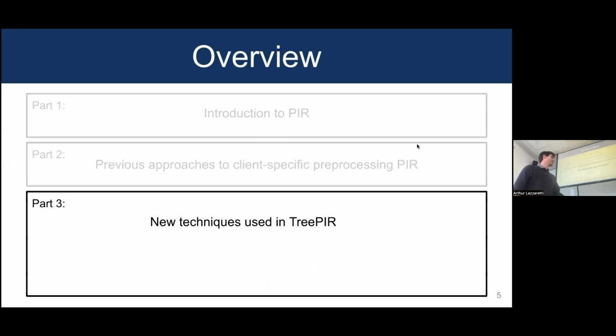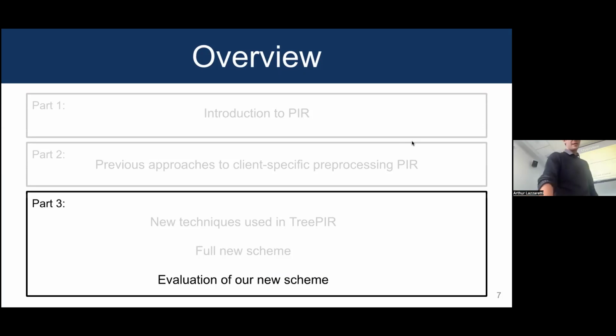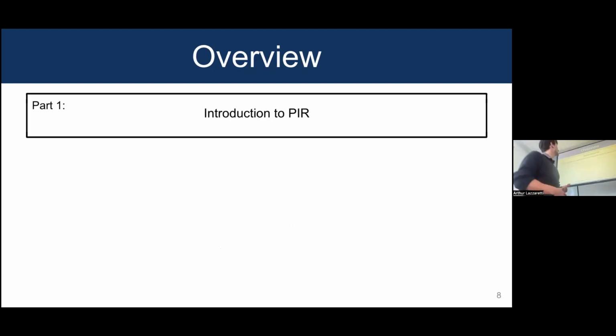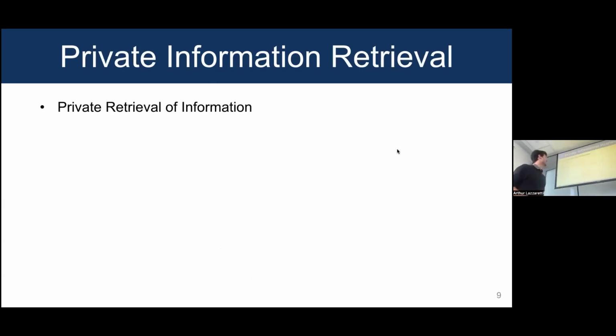And finally, hopefully, spend most of our time looking at the new technique used in TreePIR, our scheme, and its evaluation. All right, so with that, we can get started. Please stop me with any questions. It's much easier to make this interactive.